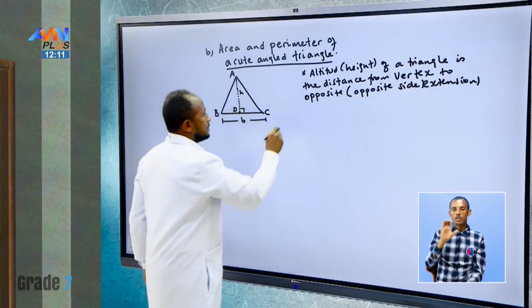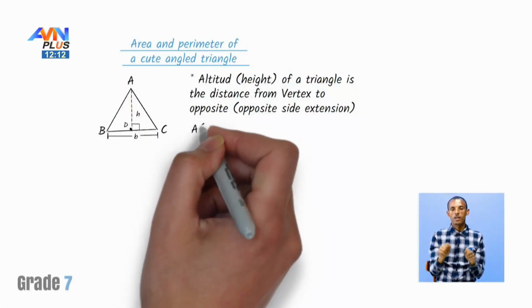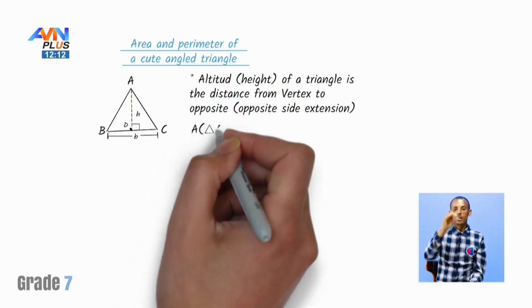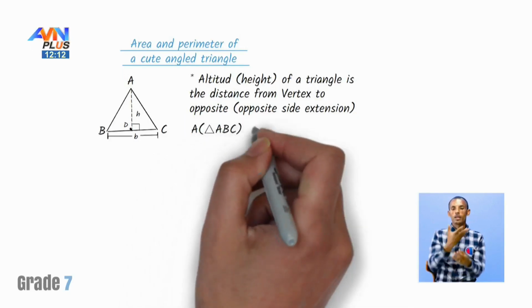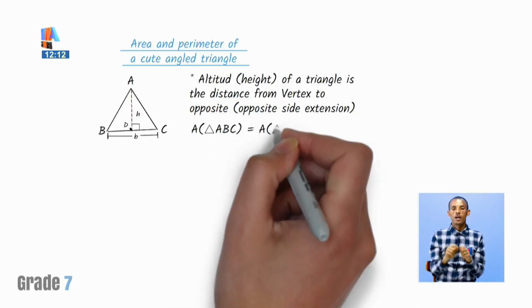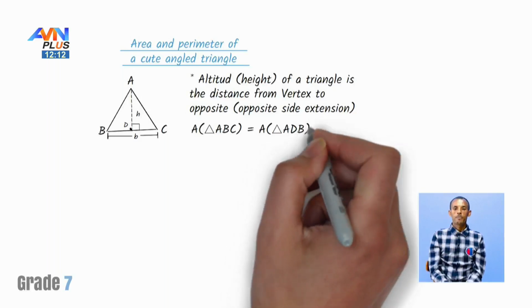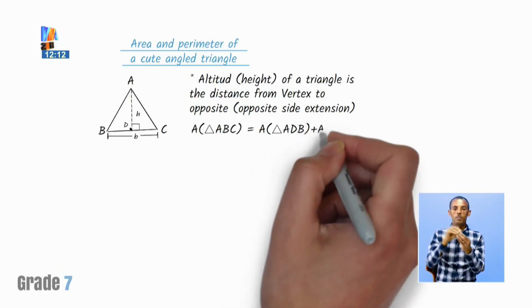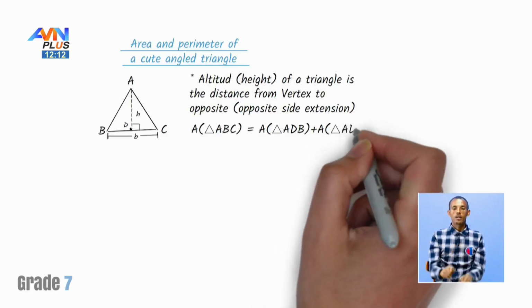So the area of triangle ABC will be equal to the sum of the area of triangle ADB plus area of triangle ADC.